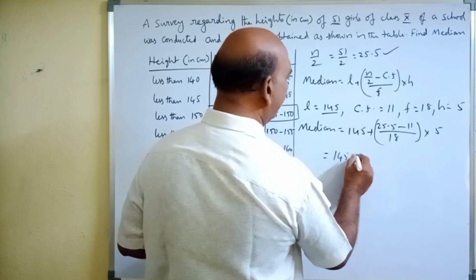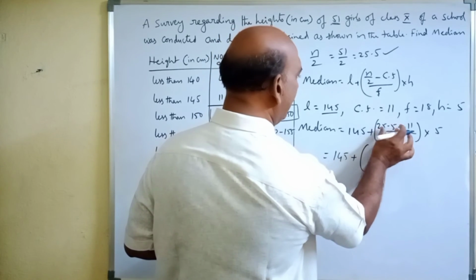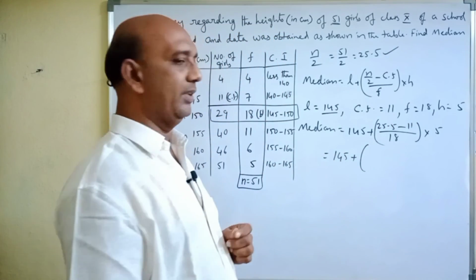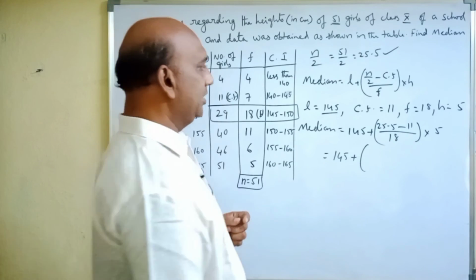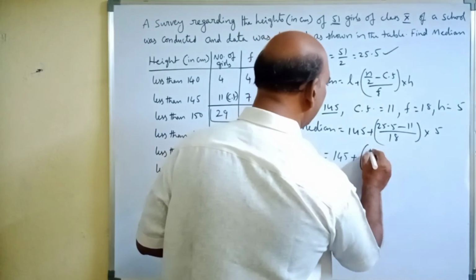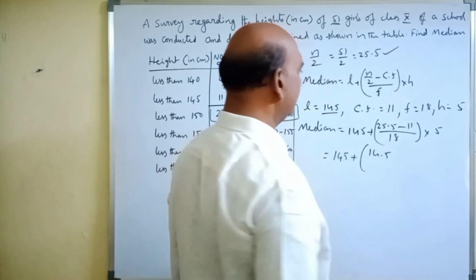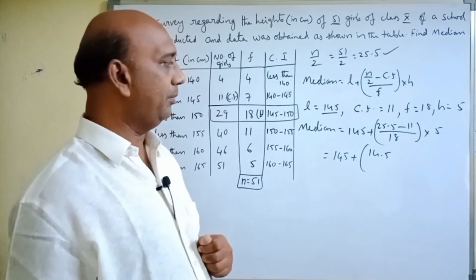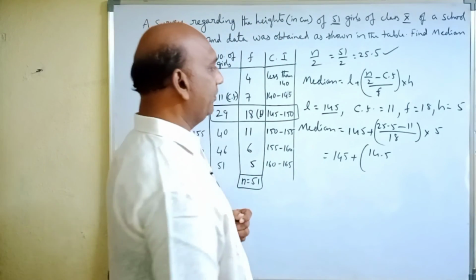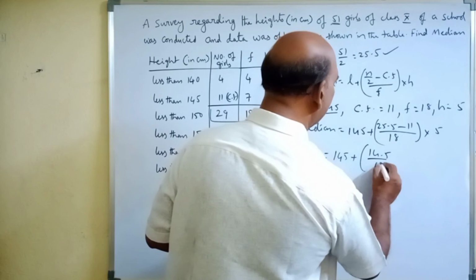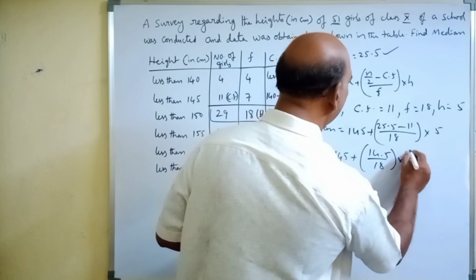Now 145 plus 25.5 minus 11, that is 14.5, by 18 into 5.